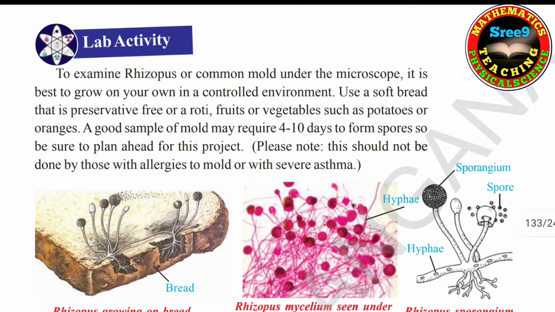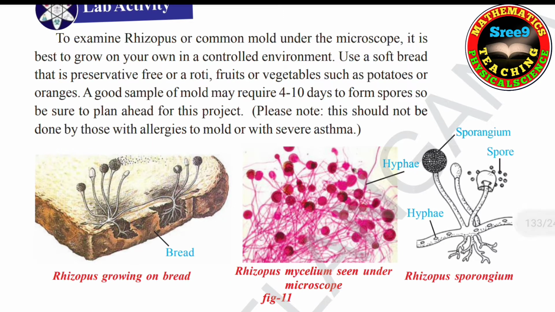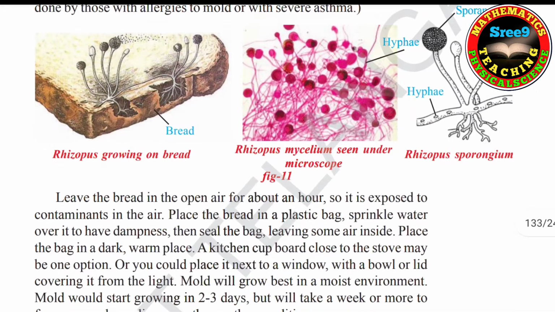Now coming to a lab activity regarding spore formation. See, a question may be asked regarding this. What are the types of spore formation? On which substances can you find spore formation? Such a question may be asked.